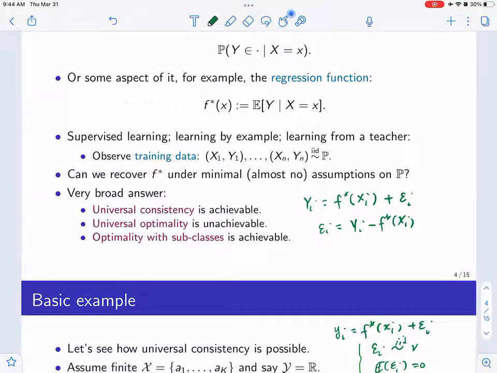Because of the properties of conditional expectation, you can show that this is going to be uncorrelated with xi. If you take the expectation under xi, this is like the conditional mean. So what is the conditional mean of this?